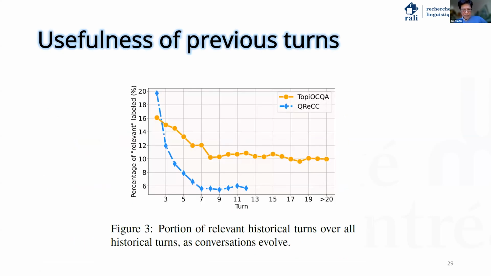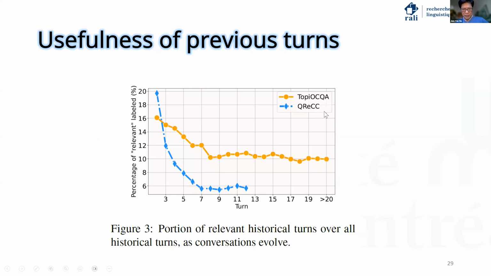Just to show you whether the previous turns are really useful, here, if we look at the utility of different previous turns on average, we can see that in the QReCC dataset, once we go several turns further, the utility of those previous turns is very largely reduced, but still we expect about 6% of previous turns beyond 7 turns, up to 11, 12.